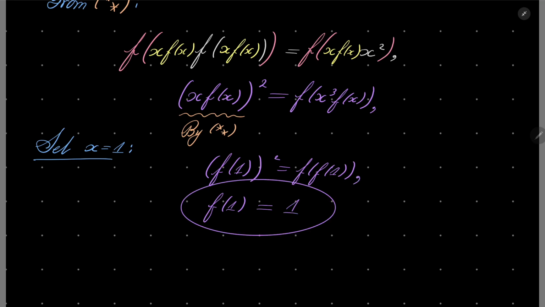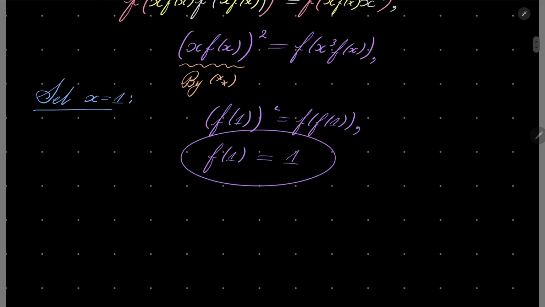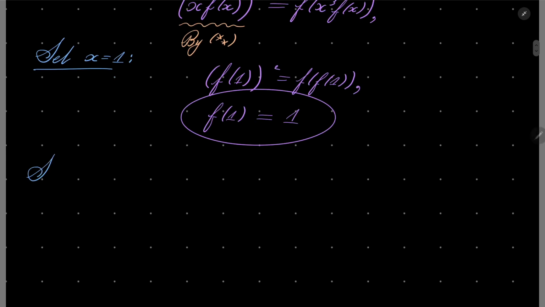Right. Now, let's set z to be 1 in our very first functional equation asterisk. Then we have the following.